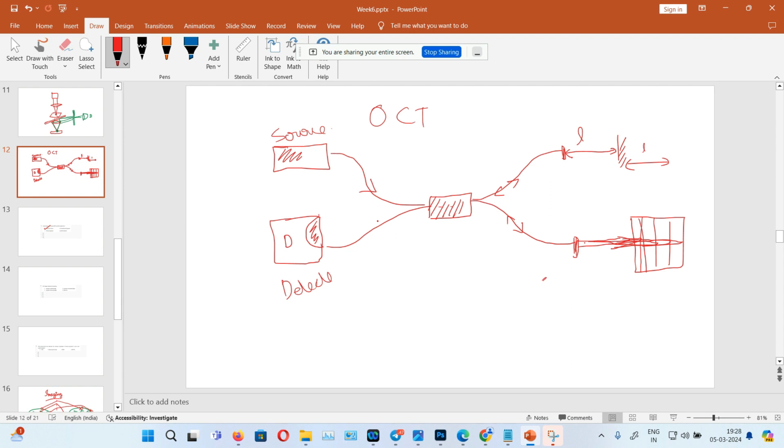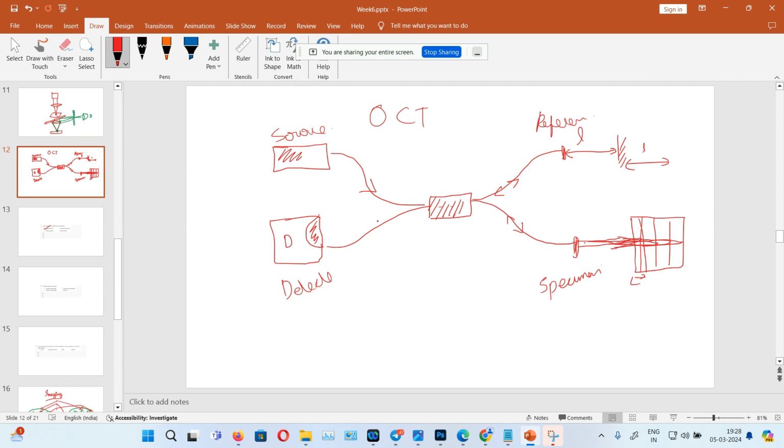When the reflected light in the specimen arm and the reference arm have equal path length, they are in phase, there is coherence, and because of their interference there will be strong constructive interference, and corresponding to that you will get the details of that particular optical length, corresponding to that particular thickness inside the tissue.